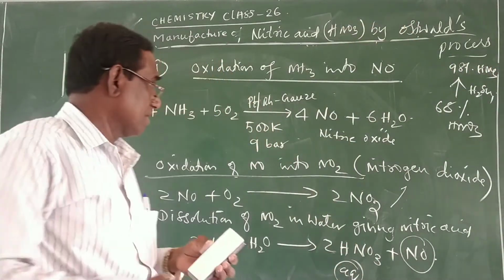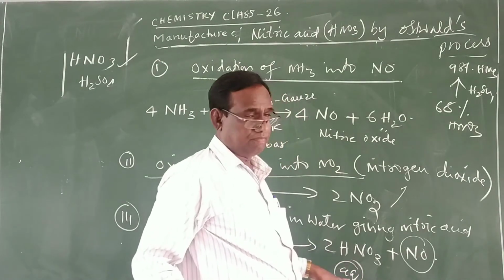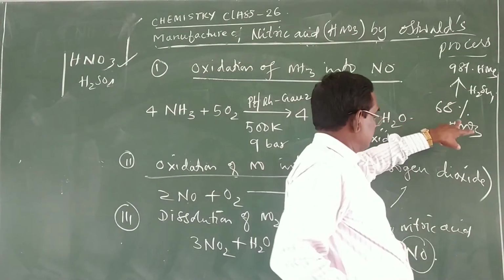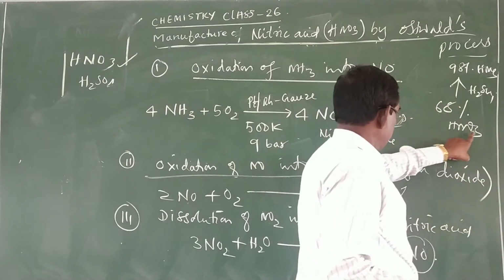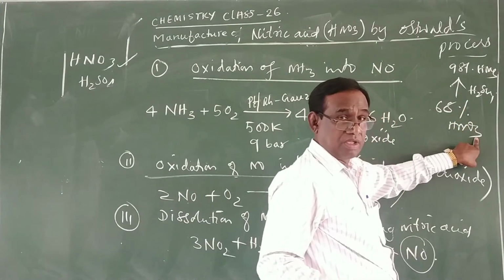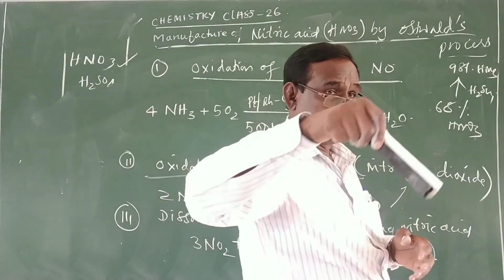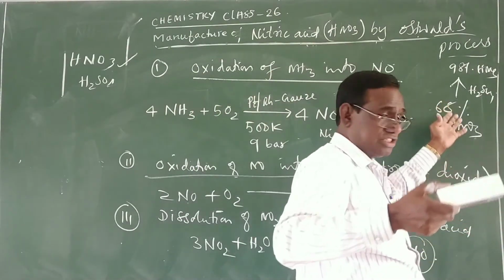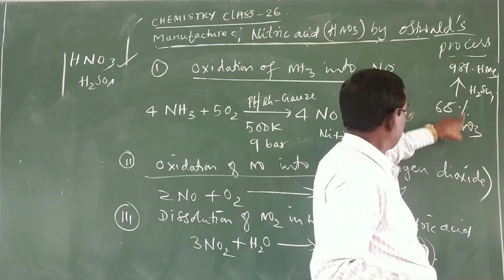This aqueous solution of nitric acid is concentrated by heating, which is called distillation. When the aqueous solution of nitric acid is heated, you get 68% HNO3. When it is further heated with concentrated sulfuric acid, all the water molecules are removed.